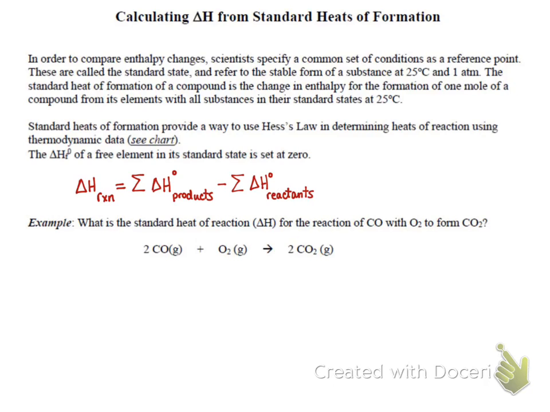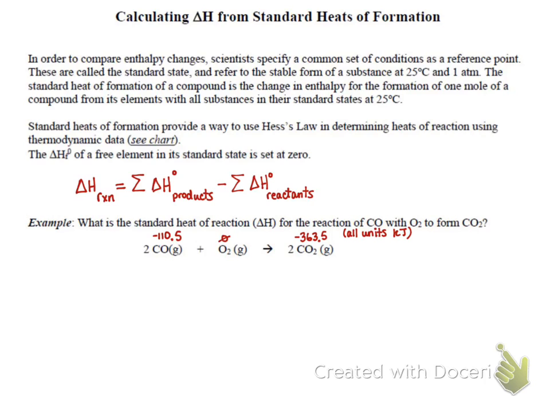So for this example here, we're going to calculate the delta H of this reaction. 2CO plus O2 gives us 2CO2. So this is the product, and we're going to look up the delta H for CO2, for O2, and for CO. And what we'll find is if we have an element in its standard state, and in this case it's oxygen gas, from the chart you're going to see that the delta H's for those are all going to be 0.